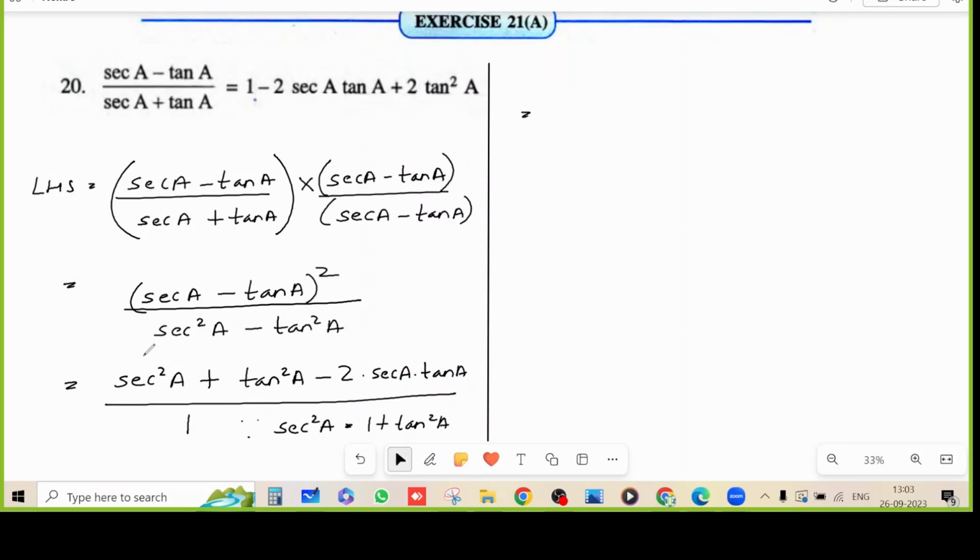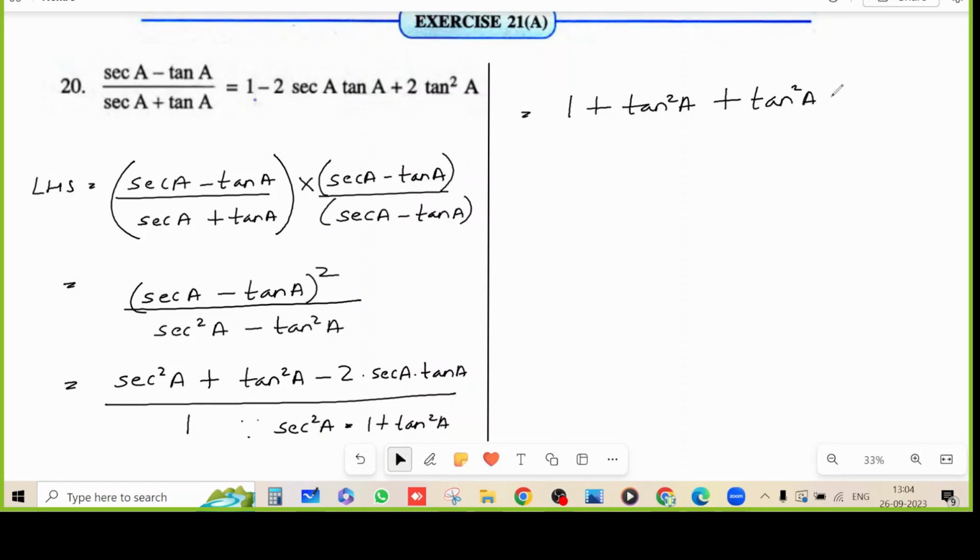Now we know that sec square A can be written in the form of tan square A as 1 plus tan square A. We are using the same formula here again. In place of sec square A, we will put the value 1 plus tan square A, and the remaining will be added over here.